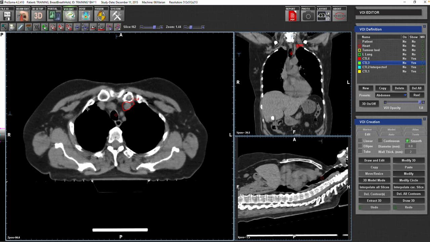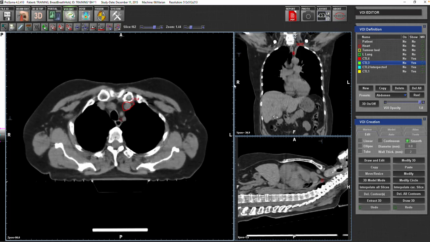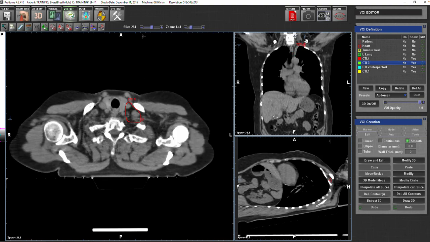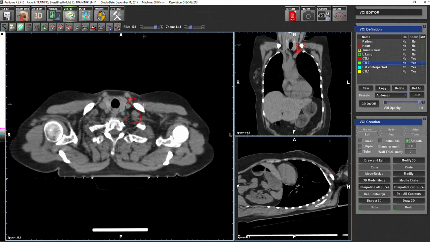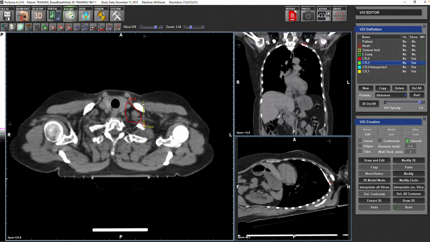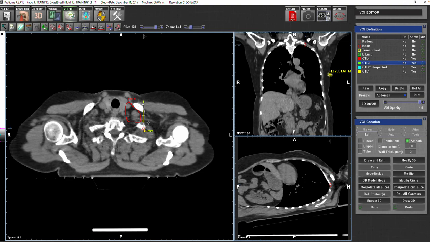I told you before that if you go back to the arch of the subclavian, when the artery passes a line joining the clavicle and the first rib, when you see the artery crossing a line between the clavicular head and the first rib, you start your CTL3.